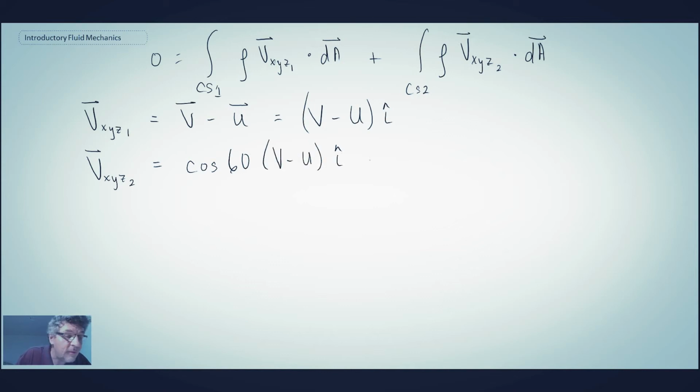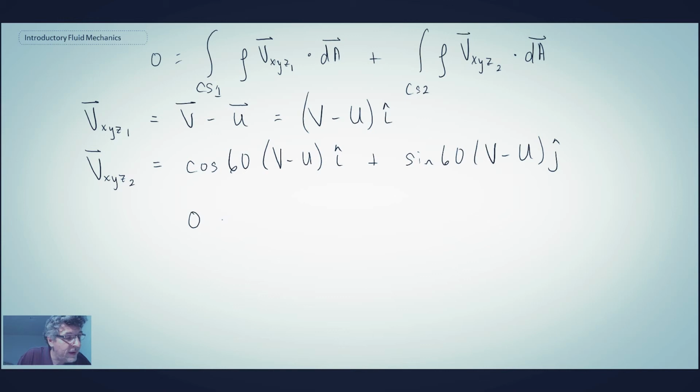That would be the x component, and the y component. There we've made use of the fact that the magnitude of V1 is equal to the magnitude of V2, one of our assumptions. So we can put this together for continuity.